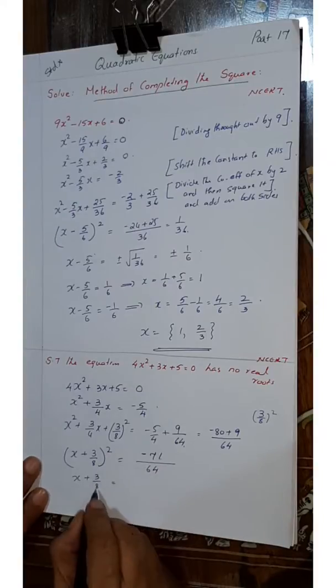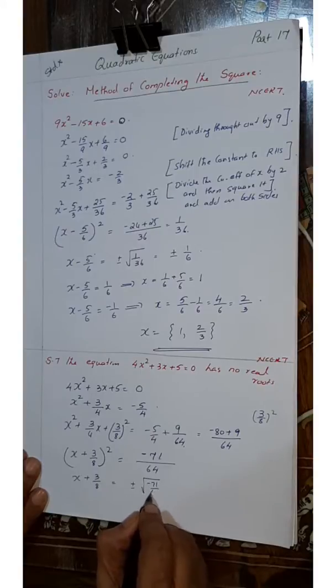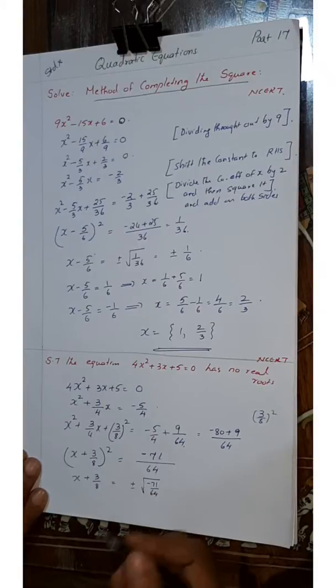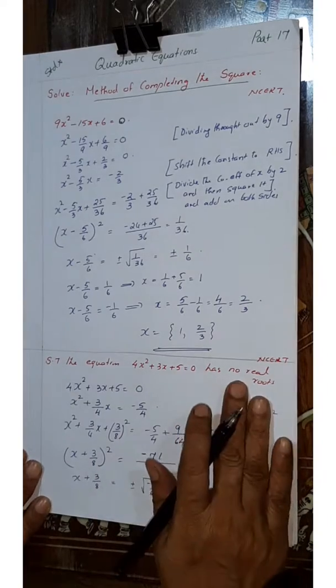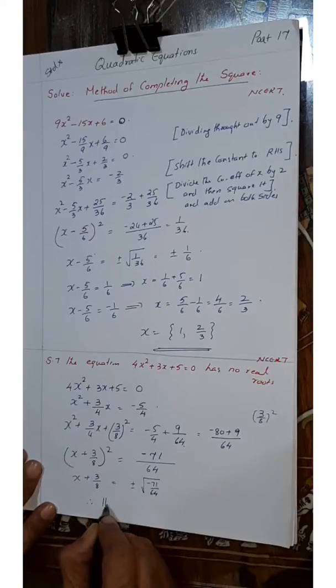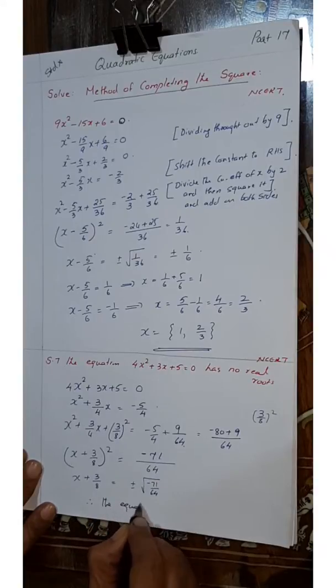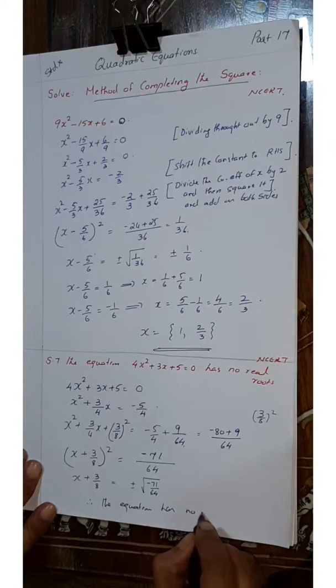So x plus 3 by 8 is equal to plus or minus root of minus 71 by 64. So the square root of a negative number becomes a complex number. So it does not have real roots. Therefore, the equation has no real roots.